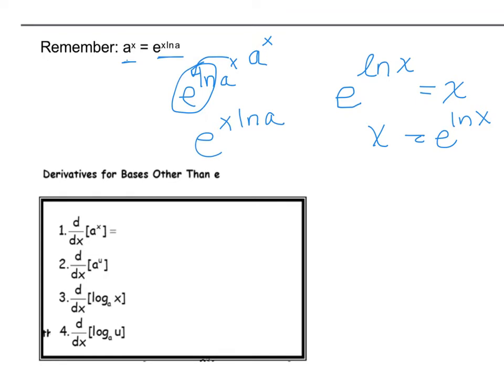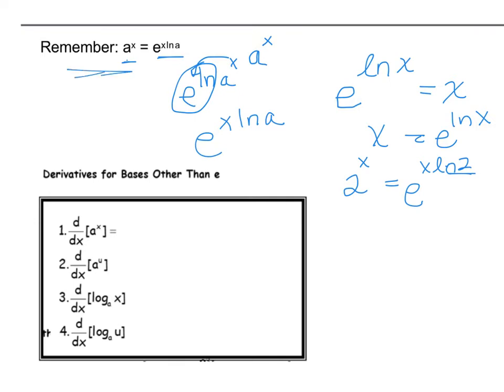So say for instance we had 2 to the x power, and we want to write that using this technique. I would say that that was equal to e to the x natural log of 2, knowing that the natural log of 2 is a constant. Okay, so that's what this is about.